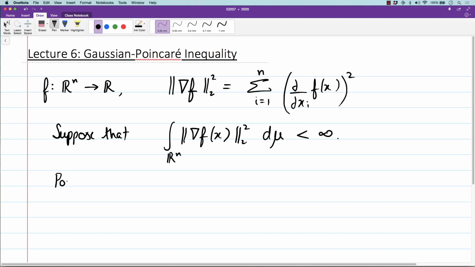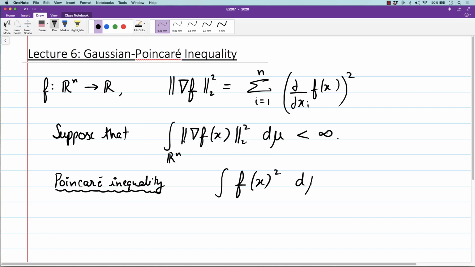Then the Poincare inequality, actually I'm just writing a very simple consequence of it. Poincare inequality actually extends to any pth norm, LP norm, of this vector. It says that if you look at the norm of the function itself, you can look at the value of the function at x, take its square, and integrate with respect to mu.